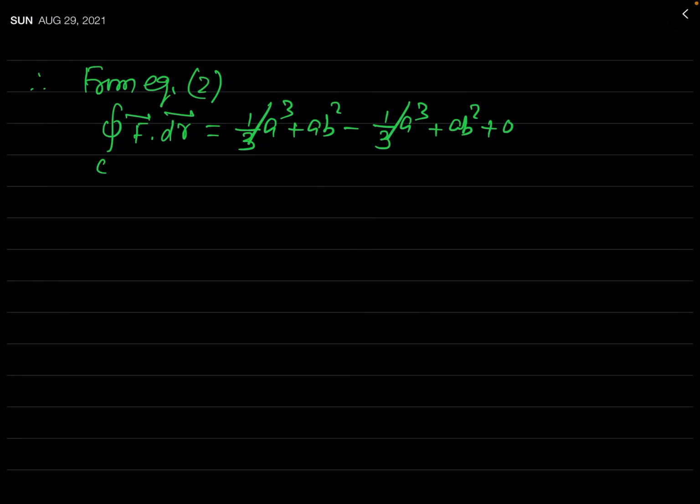Now you can see this 1 by 3 a cube will cancel out, and this will be simply equal to 2ab square.